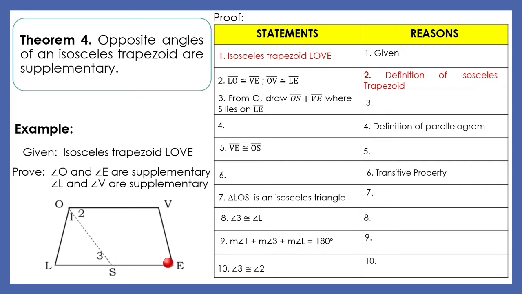So, our reason is by the parallel postulate. Parallel postulate states that through any given point not on the line, so yung point O natin not on the line, there passes exactly one line parallel to that line in the same plane. So, yung line segment OS, parallel siya sa line segment VE. They lie on the same plane.